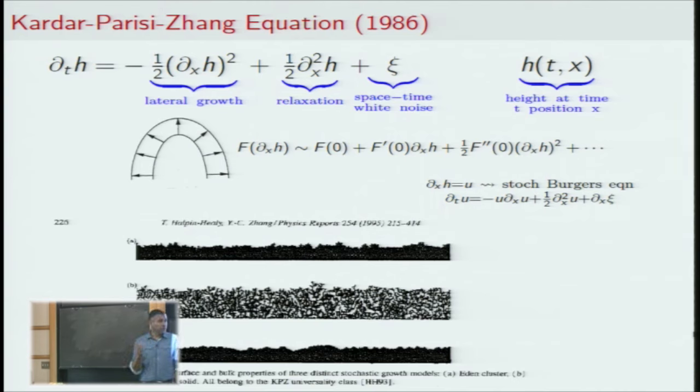It's probably a symmetric function in ∂xh. Even that wouldn't matter too much. So the idea of the physicist is that what you should do is you should expand this function. The first term can just be removed by a height shift. The second term can just be removed by spatial shifts. So the first thing you see which can't be removed is this quadratic term.